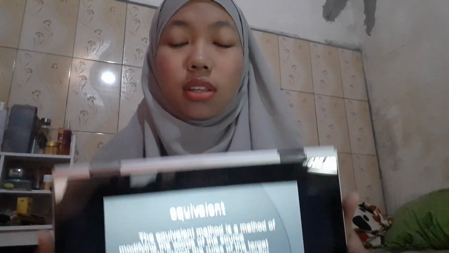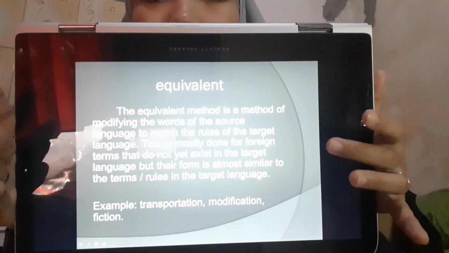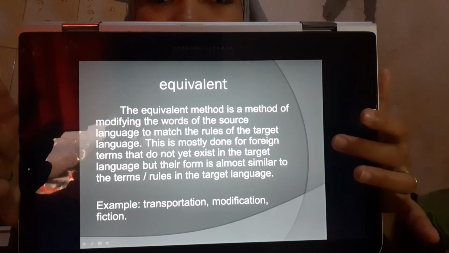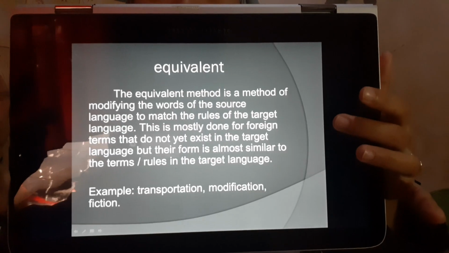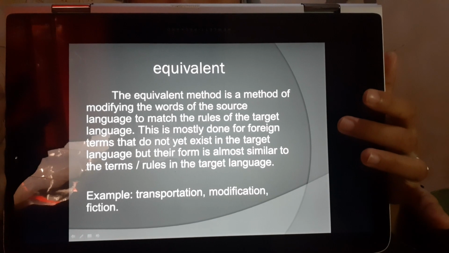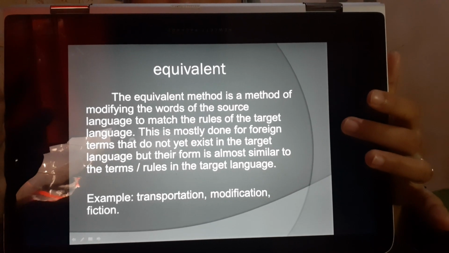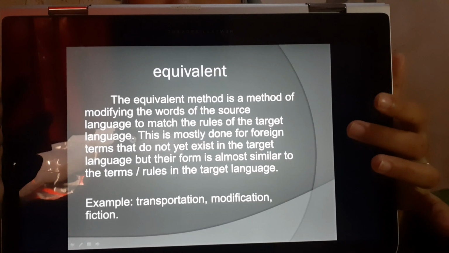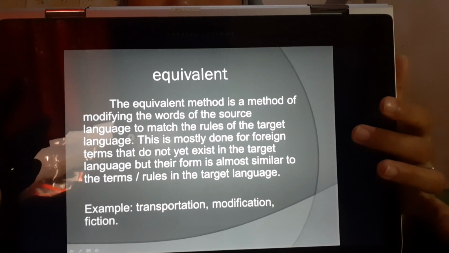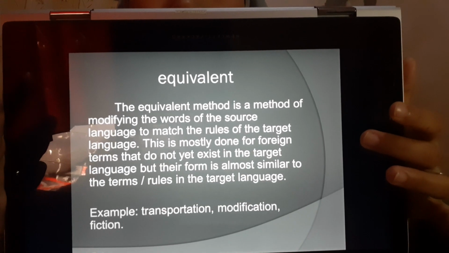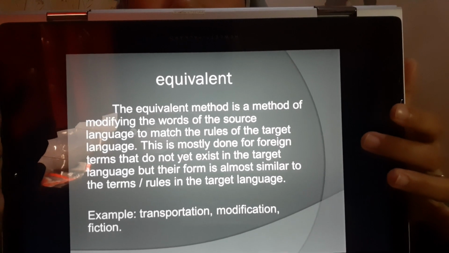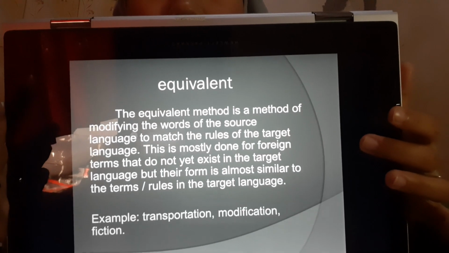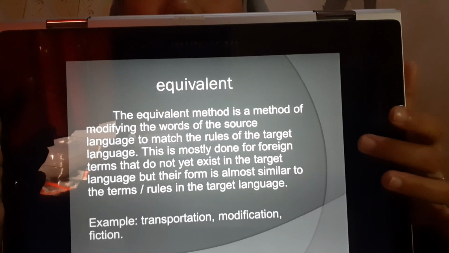And then the next is equivalent. You can read this. The equivalent method is a method of modifying the words of the source language to match the rules of the target language.